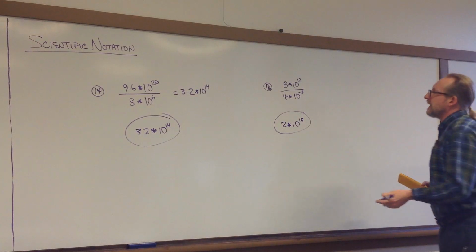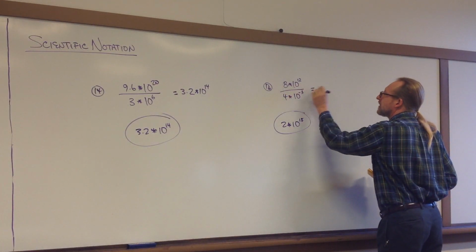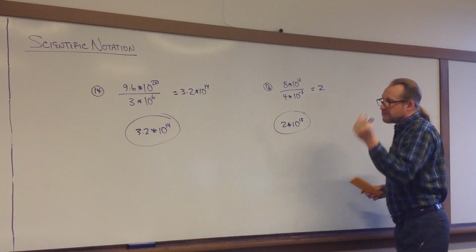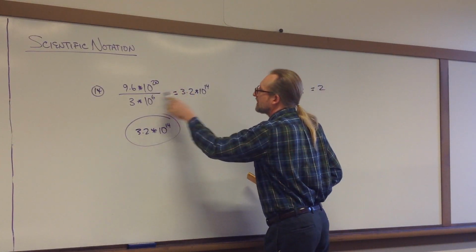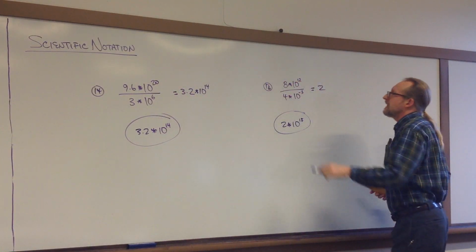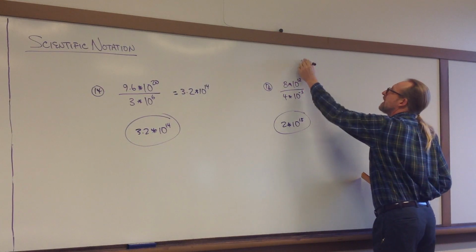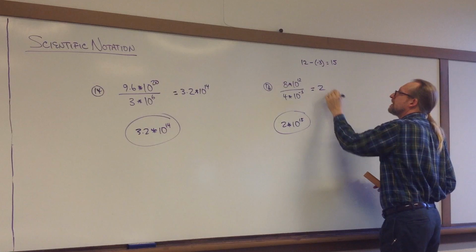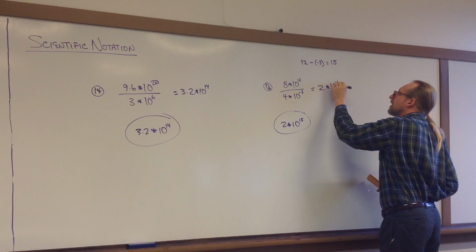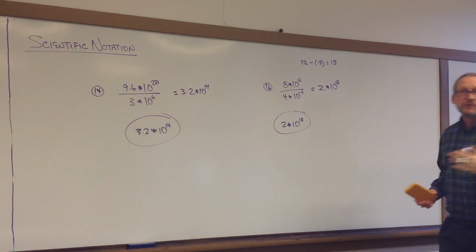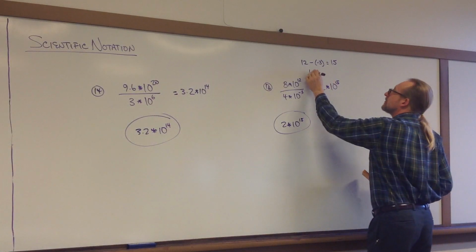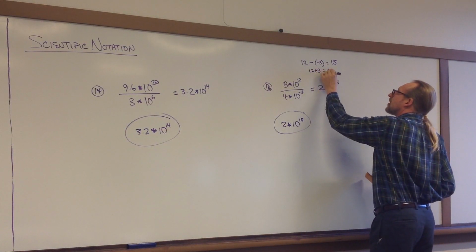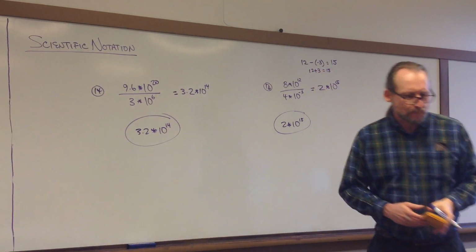And again, without the calculator, you go 4 into 8 goes 2 times. And you have to subtract. So we did 20 minus 6 to get the 14. Here we do 12 minus negative 3. That's how we get 10 to the 15th power. Because when you subtract a negative, you end up adding these two numbers, 12 plus 3. Okay.